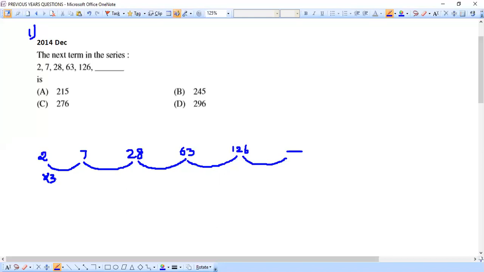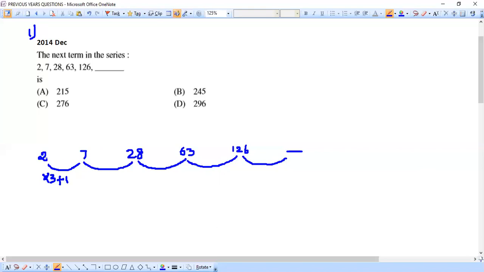With that 6, if I do just plus 1, I will be getting this 7. I think you're able to understand.